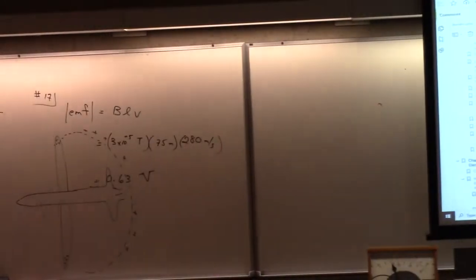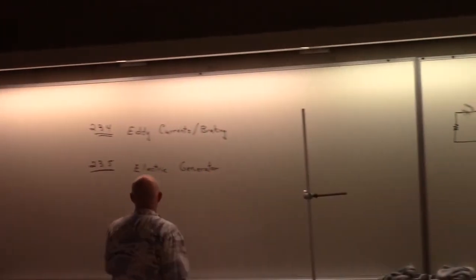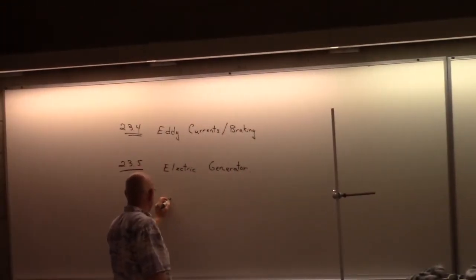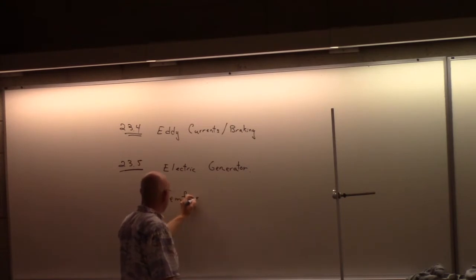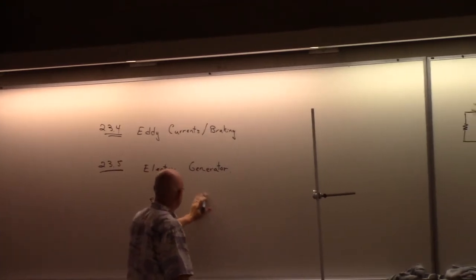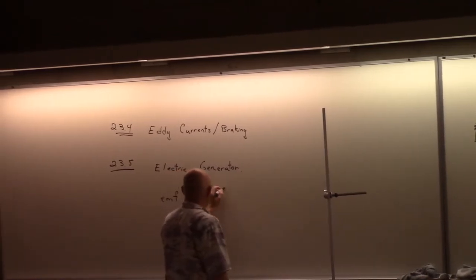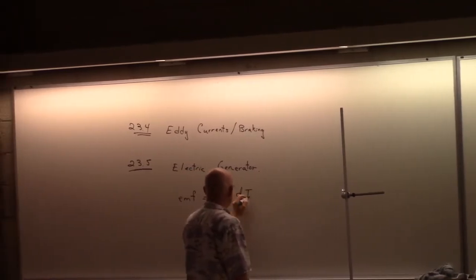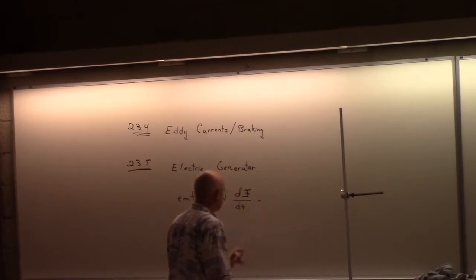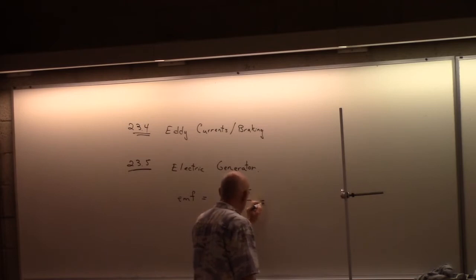Oh, there it is. All right, so in our electric generator, if I say the EMF is, and I've got the number of turns, and then I've got the derivative of the flux. So that's the general principle.